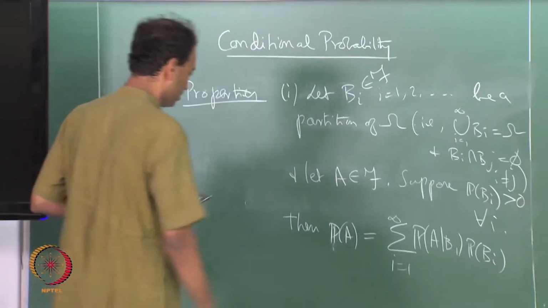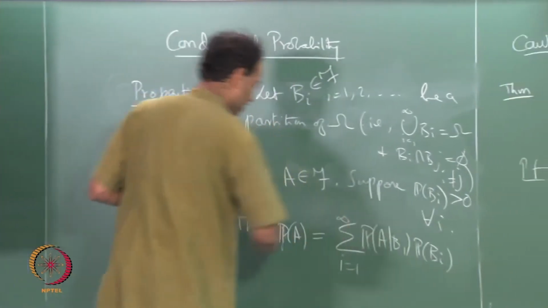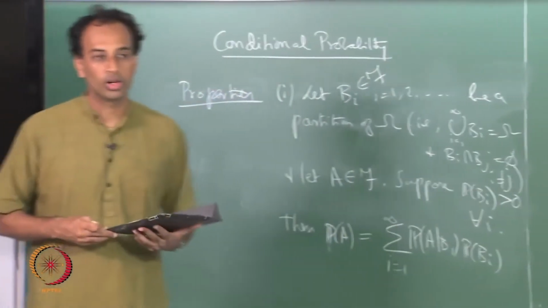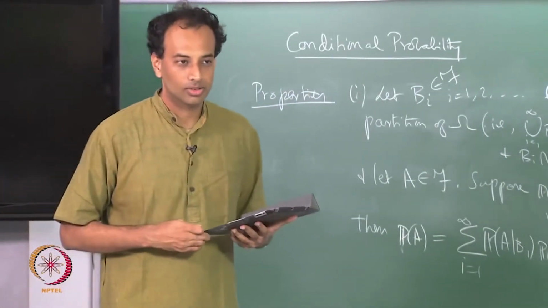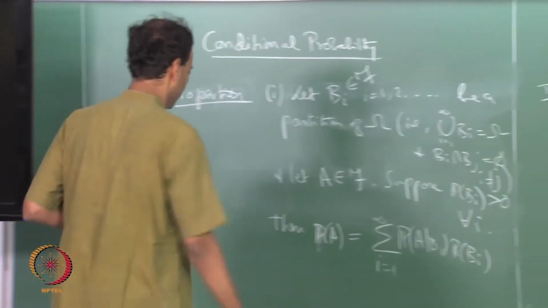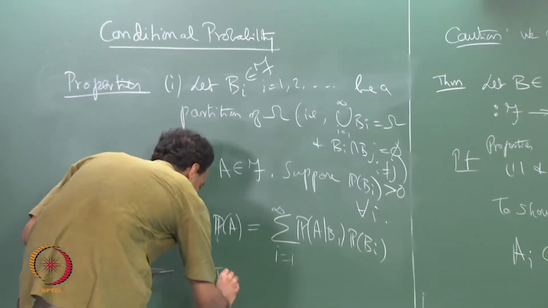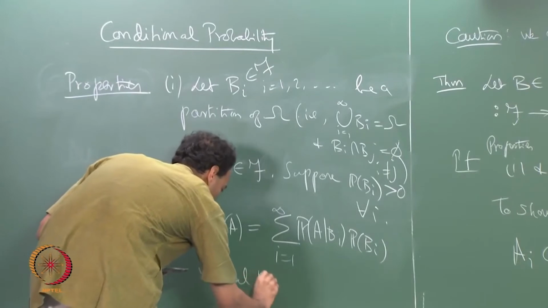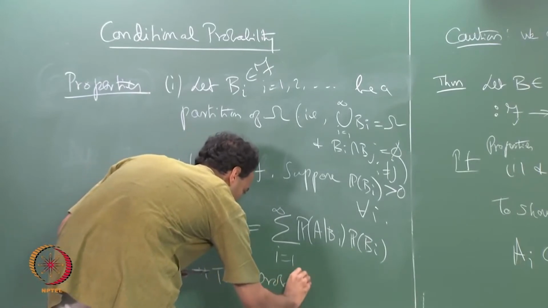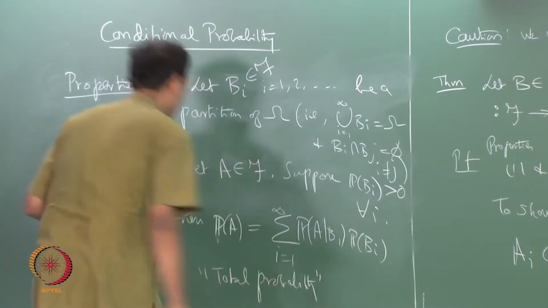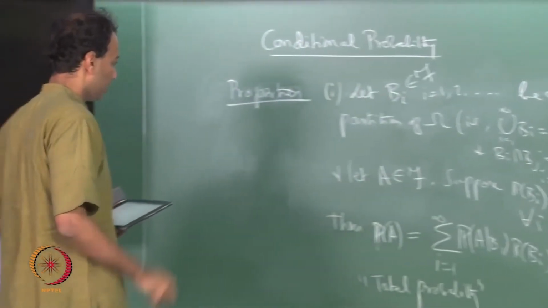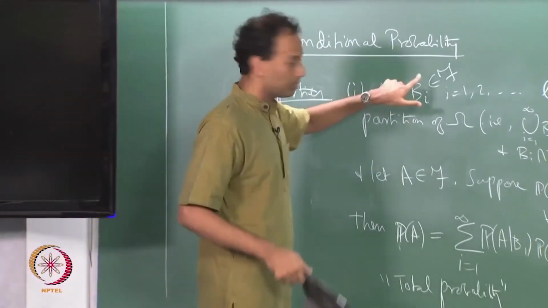So, this law has a name. You know what name it is? The law of total probability. We are looking at a partition of the sample space by F measurable sets.